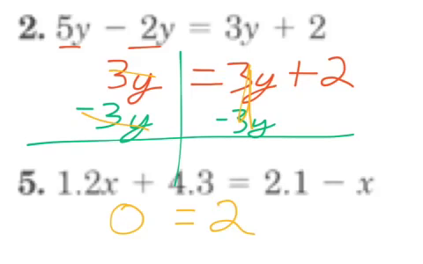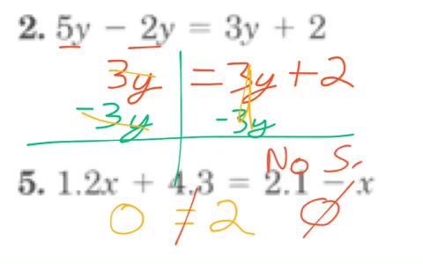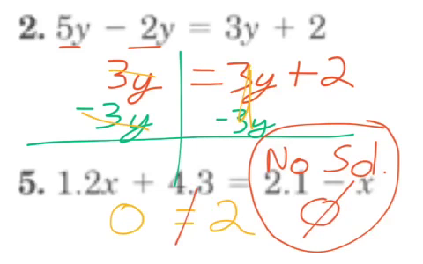Well, of course that's not true. So when it's not true in algebra, we say no solution. That's the symbol for no solution. It looks like a 0 with a line drawn really big all the way through it. You could also write no solution abbreviated, no sol. If the numbers we get are not equal, then it's no solution.